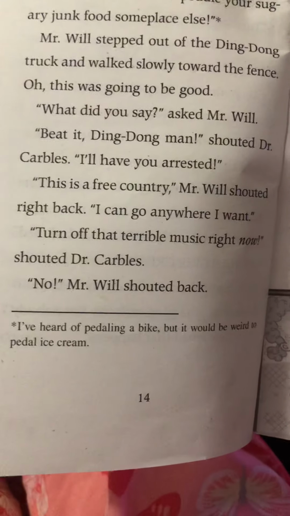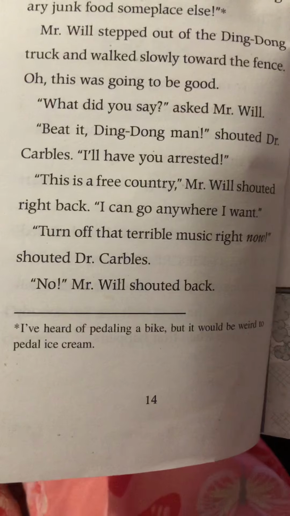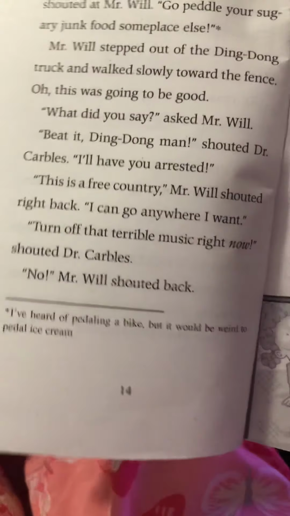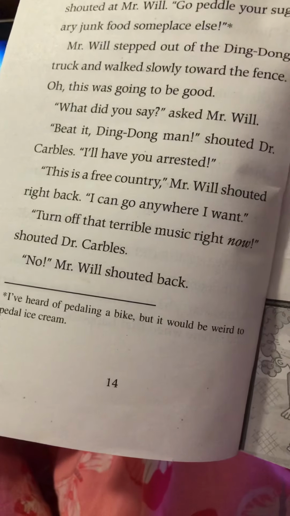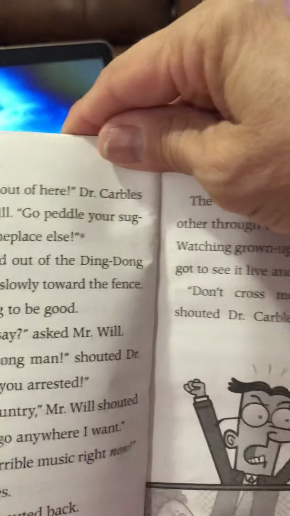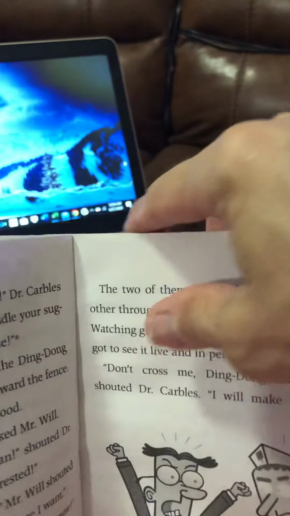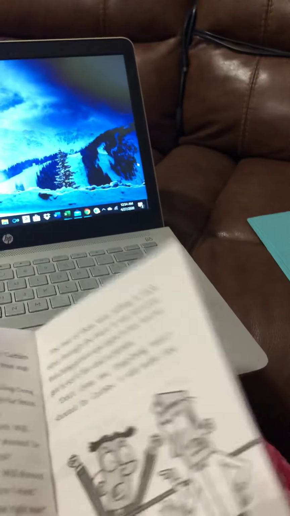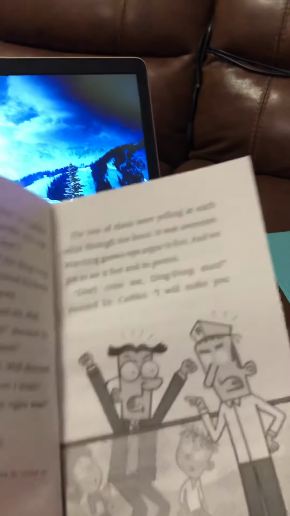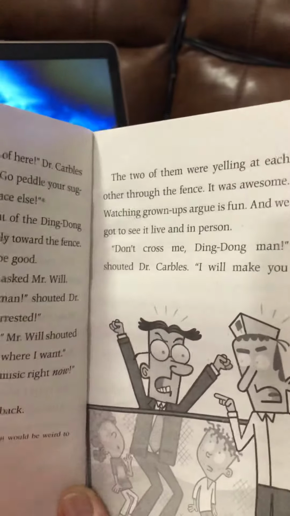The further explanation in the footnote says, "I've heard of pedaling a bike, but it would be weird to pedal ice cream." And you know what? It would be weird to pedal ice cream. And in this case, pedaling has a different meaning. In this case, pedaling means selling.